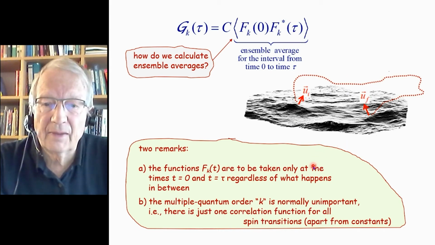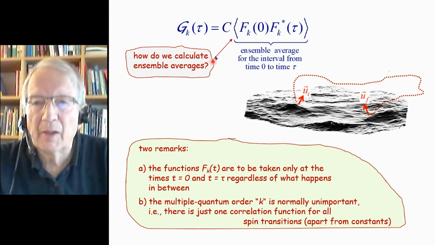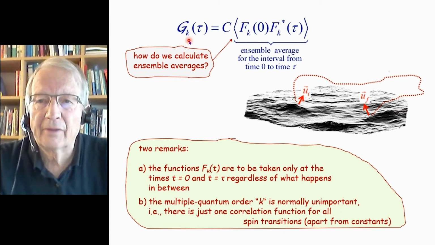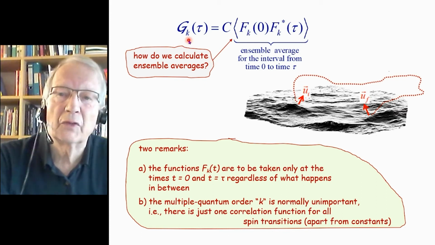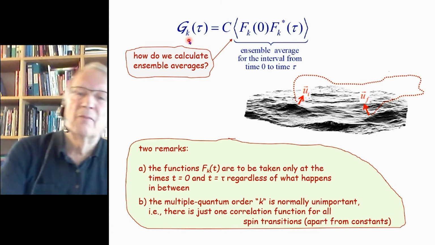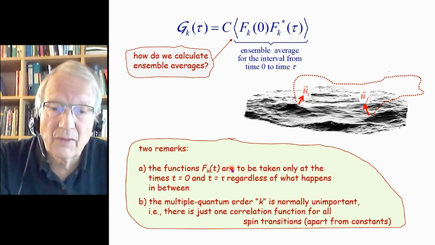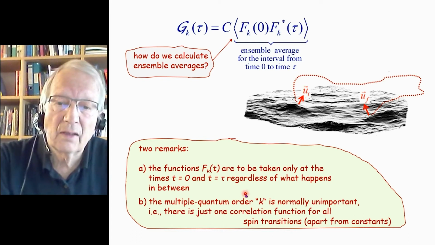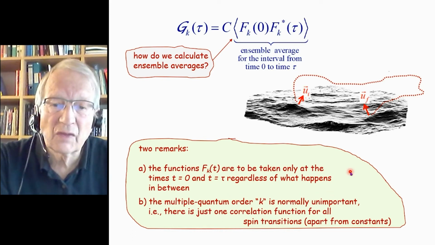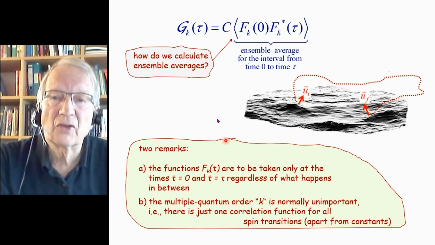And then in principle, we have several correlation functions for the different multiple quantum coherences K. This is not very important. Normally, in most cases, we will get the same autocorrelation function irrespective of this order K.